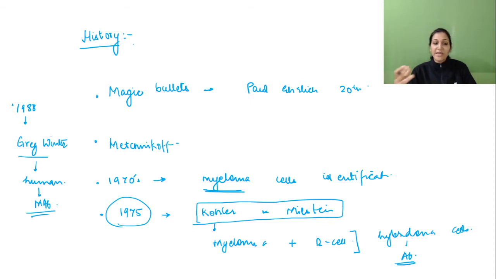So in 1988, Greg Winter, along with his colleagues, humanized the monoclonal antibody. So whenever it is used for treatment, it is not going to elicit any different reaction, or shake up the immune system for some other kind of issues, right? So we have now seen the concept, we have now seen the history.